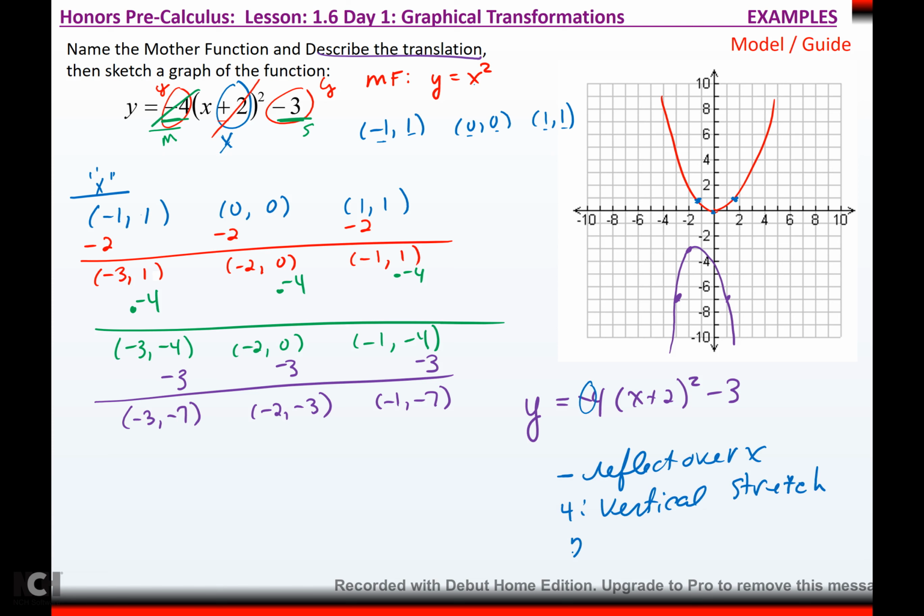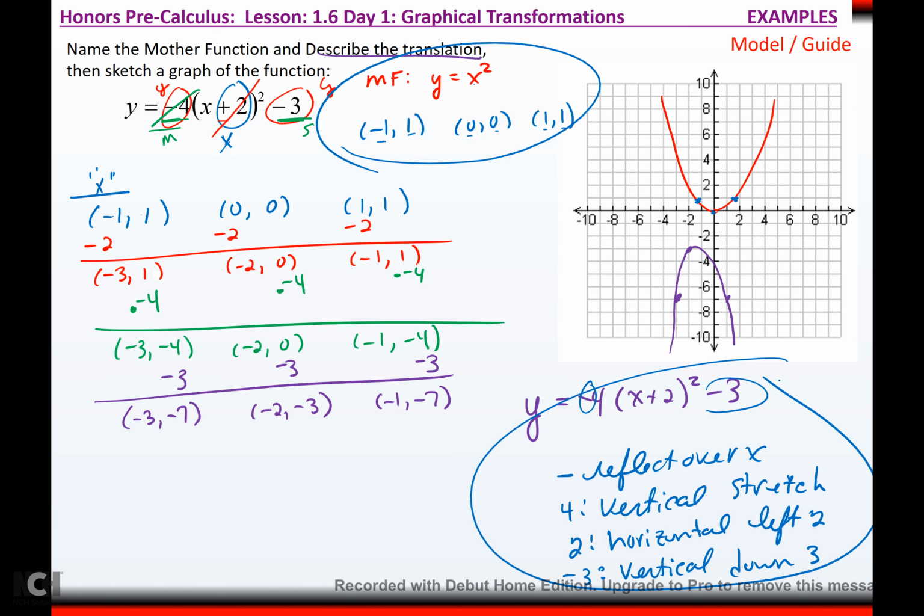The 2 is on the inside, that's going to be horizontal, and that's going to go left 2. And then the -3 on the outside is a vertical shift down 3. So there's my mother function, there's my description, and there's my sketch of the graph.